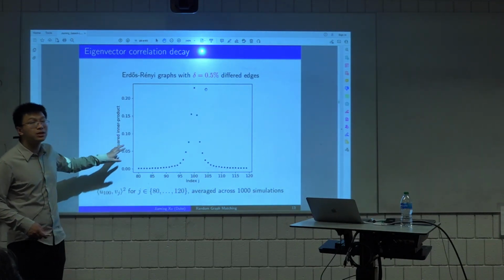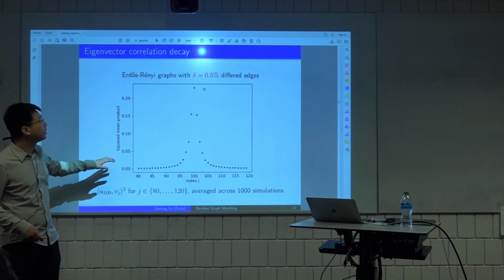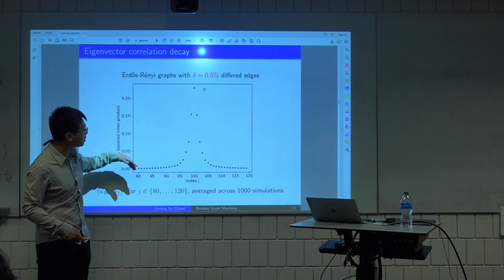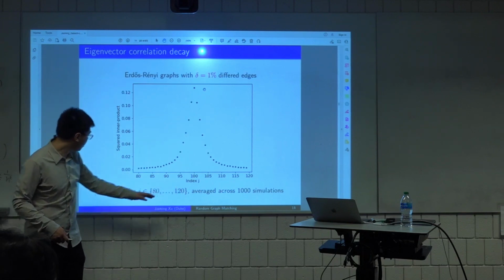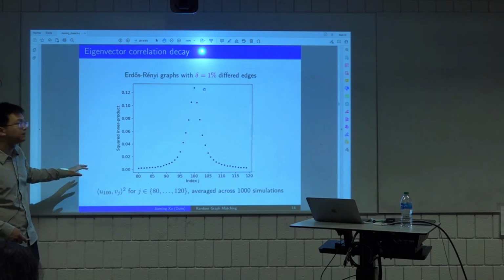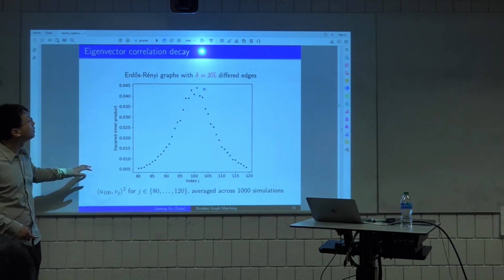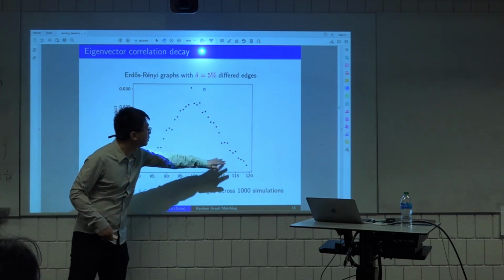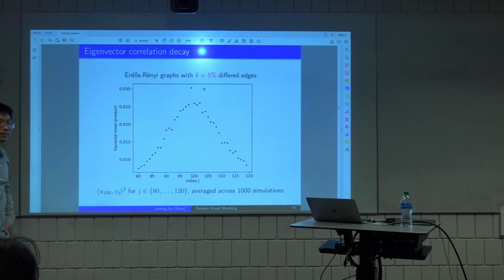You can keep injecting more and more noise in this problem. You can see that the correlation between U100 and V100 decreases, and U100 also becomes correlated with some Vj for j close to 100. This is the picture that we have if you inject 5% of edges, and you can see that it becomes this nice shape.